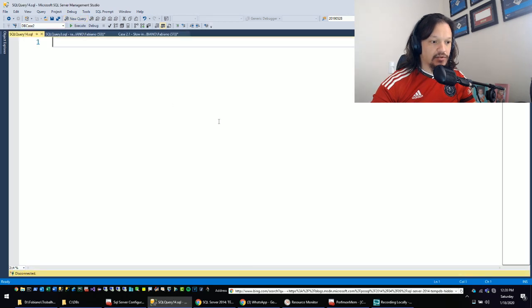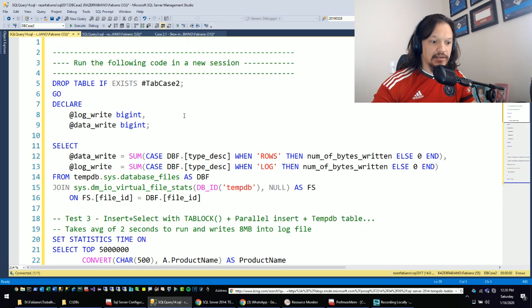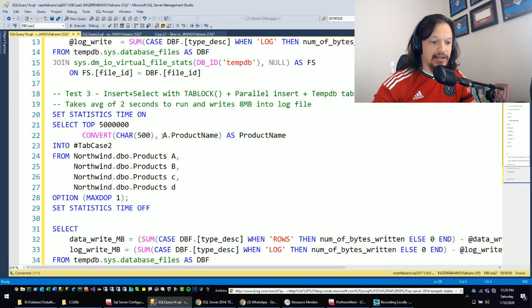I'm going to open a new session here. The only difference is that now, instead of writing into a regular table in a user database, I'm actually writing the data into the tempdb database. And now I'm using the INTO clause, but I could be using INSERT INTO with TABLOCK. That would be exactly the same behavior.